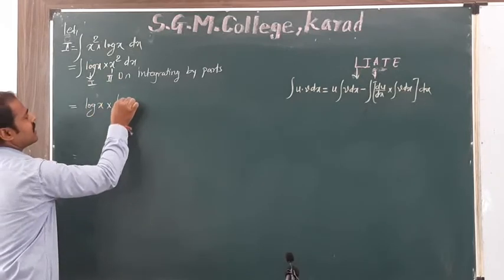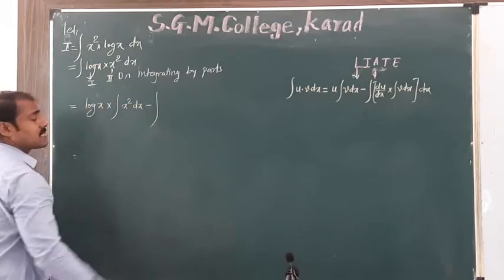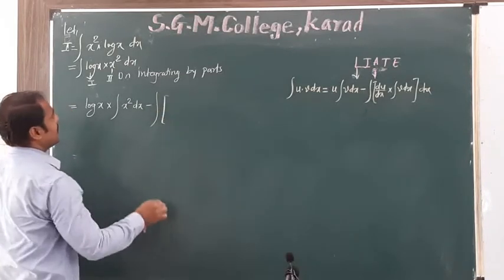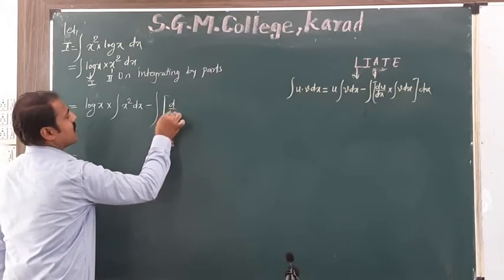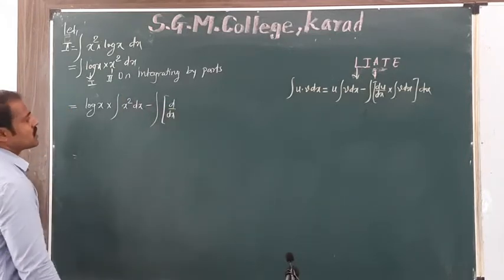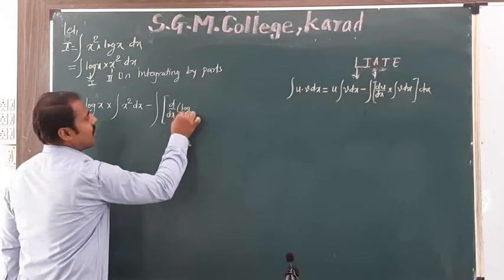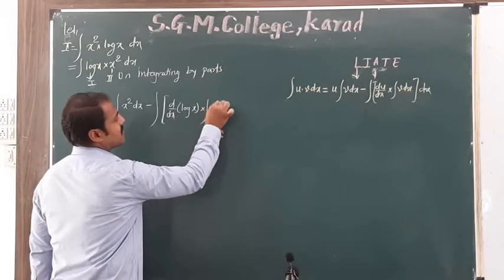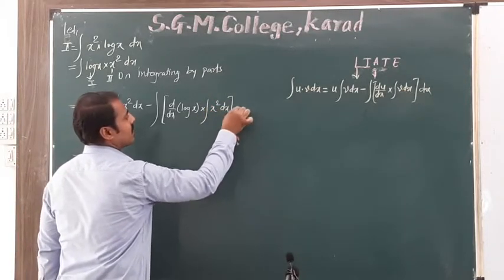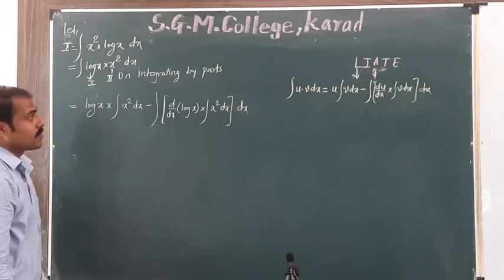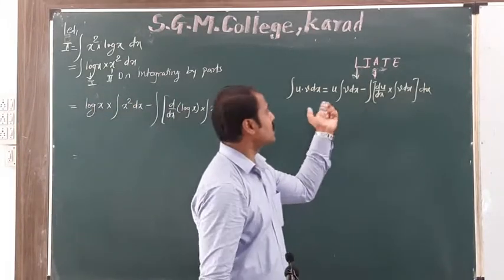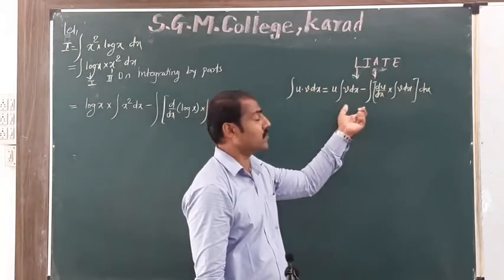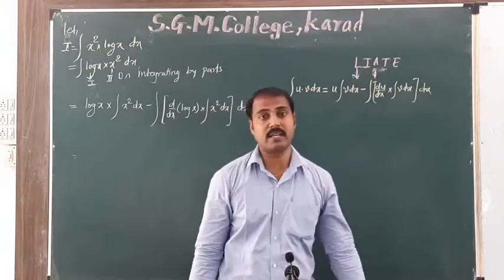Second is x square, integration of x square dx, minus integration, inside the integration, put bracket there, derivative of first, that is d dx of log x, into integration of second function, that is integration of x square dx, with respect to x. By using this rule, integration of u into v dx is equal to u into integration of v dx minus integration of du by dx into integration of v dx.